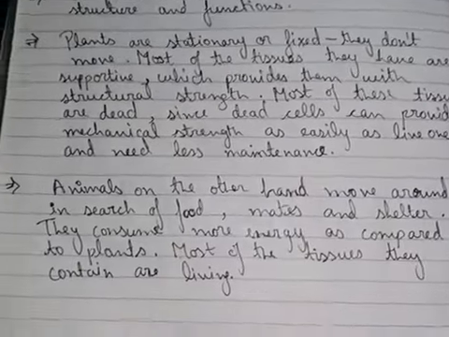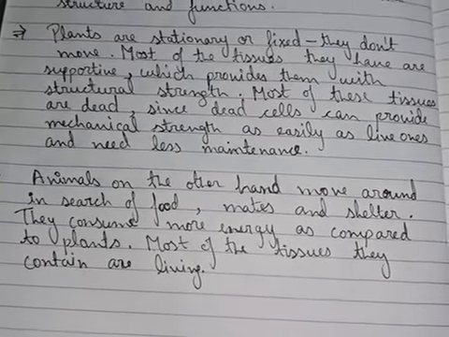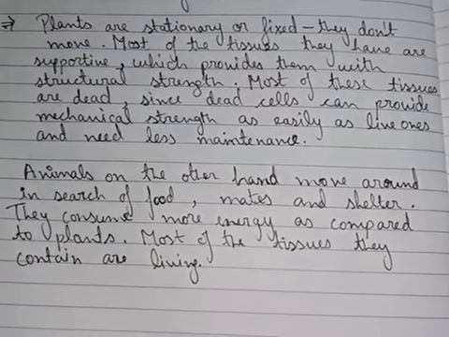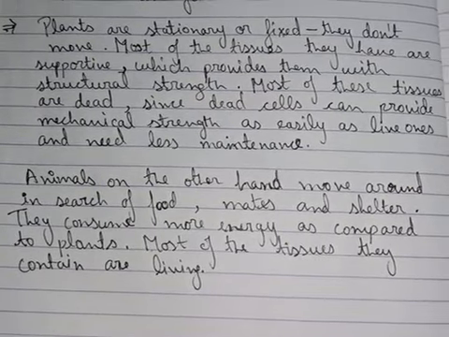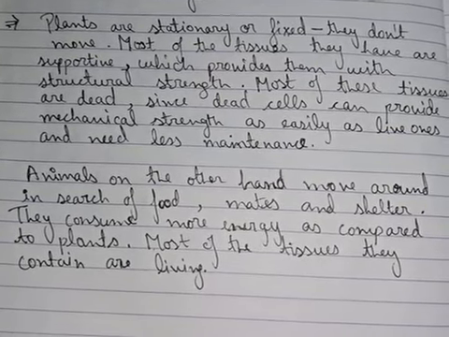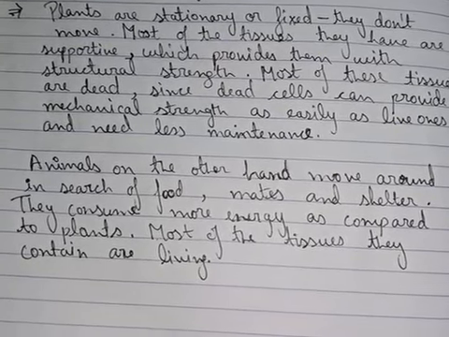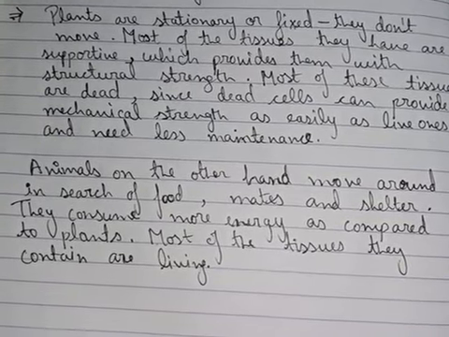Now the next one is animals. On the other hand, animals always move around in search of food, mates and shelter. Animals always move from one place to another in search of food. They consume more energy as compared to plants.